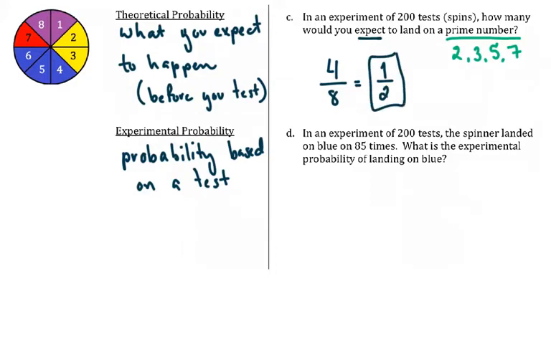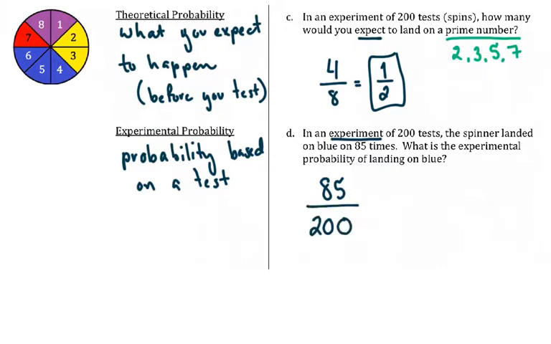Here, in part D, in an experiment with 200 tests, the spinner landed on blue 85 times. What is the experimental probability of landing on blue? So in this case, we're not talking about the 3 out of 8, which would be the theoretical. We're talking about 85 out of 200 because it landed on blue 85 times out of the 200 spins.